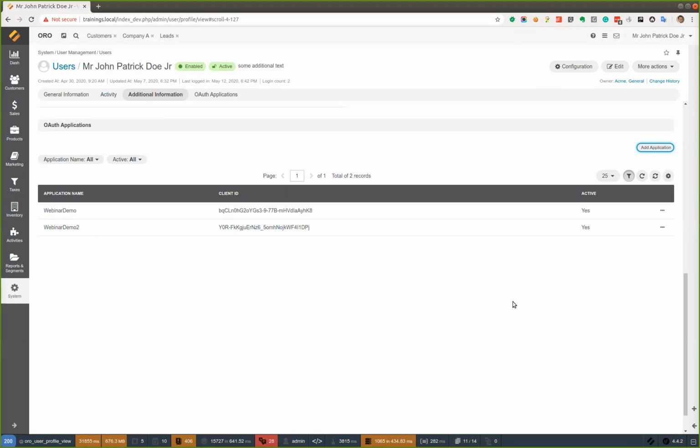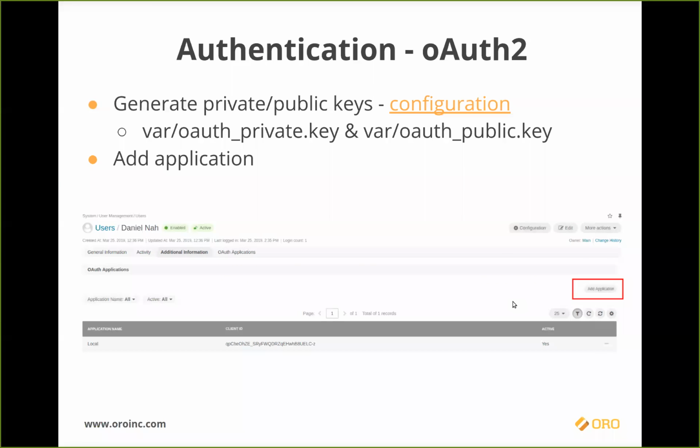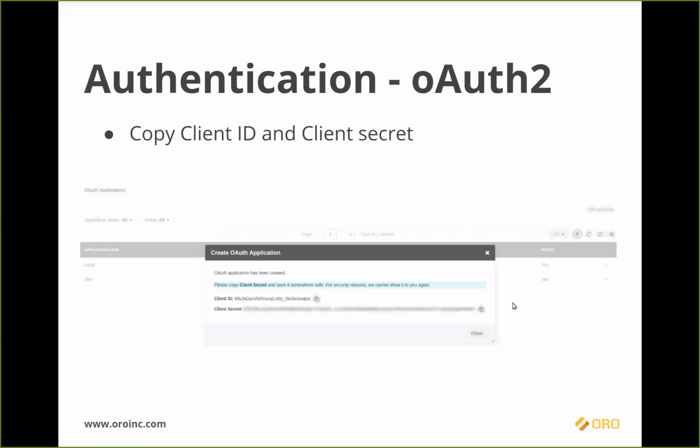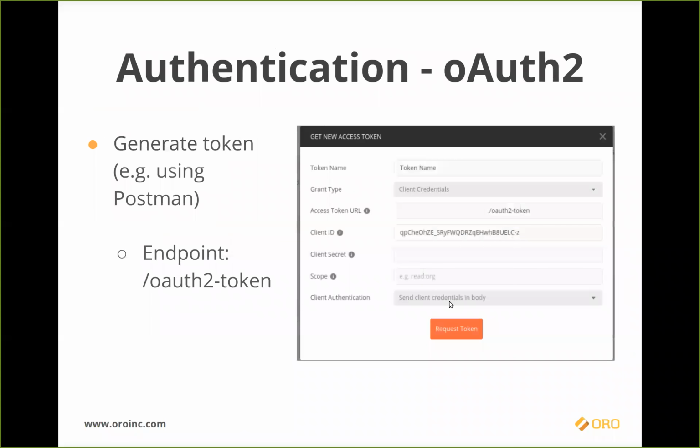So we generated some OAuth application for our user. This is how it looked. And right now, once we copied the secret, we can generate the token. I'm not sure what you are using to test your APIs. I'm using Postman, I really like it. So let me just open this.